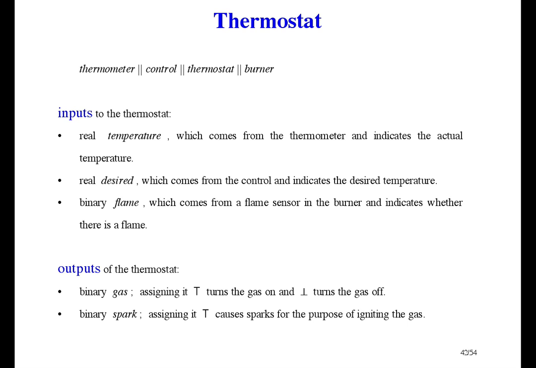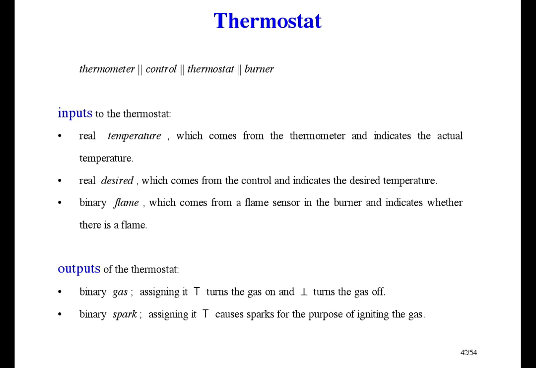The outputs from the thermostat are binary gas, to turn the gas on and off in the burner, and binary spark, to cause sparks in order to ignite the flame. These variables also have to be interactive because the burner needs their current values.